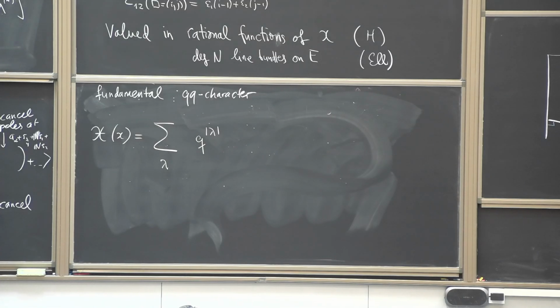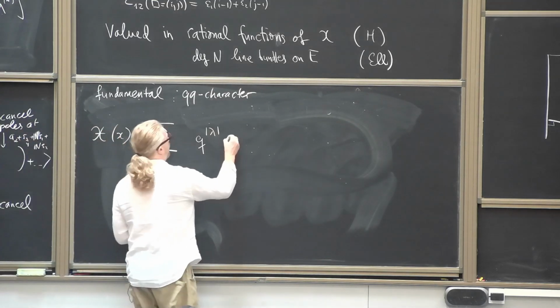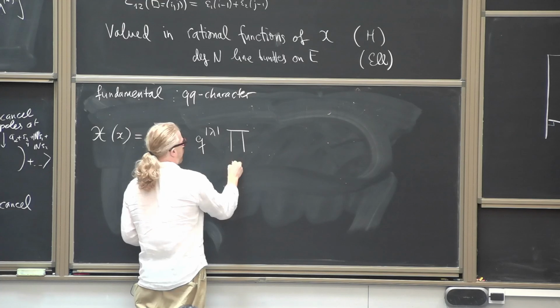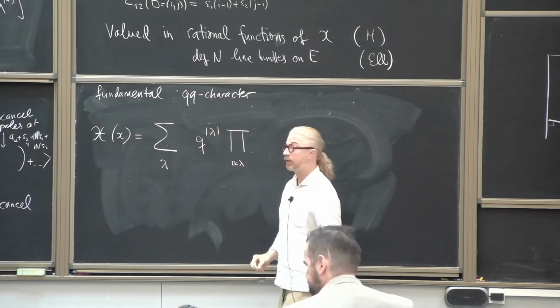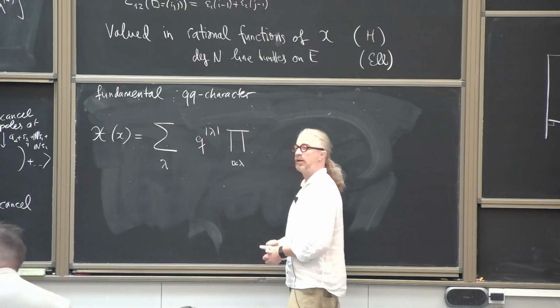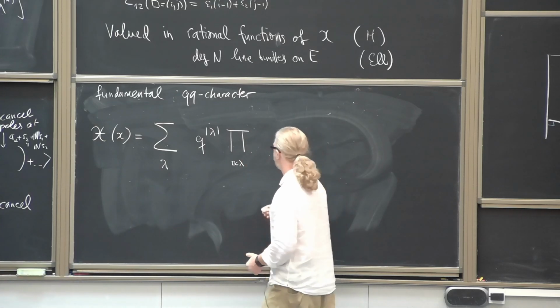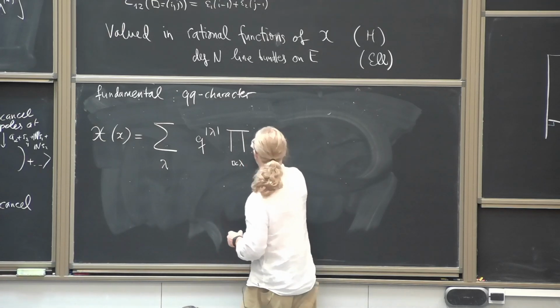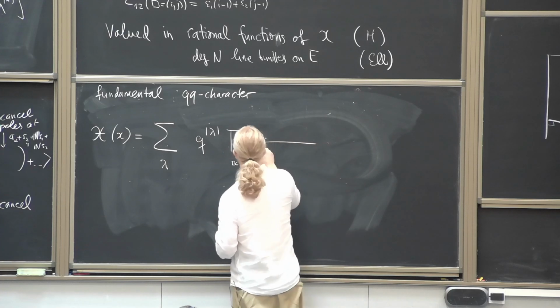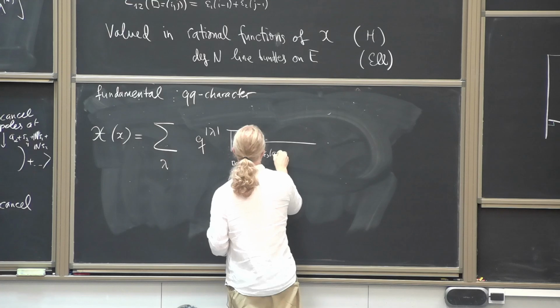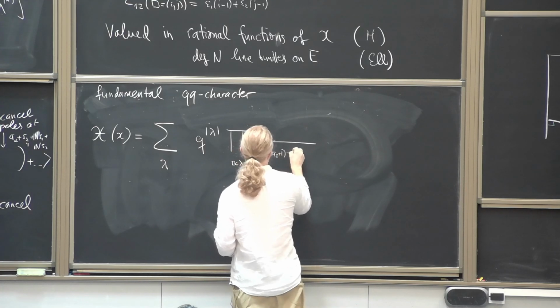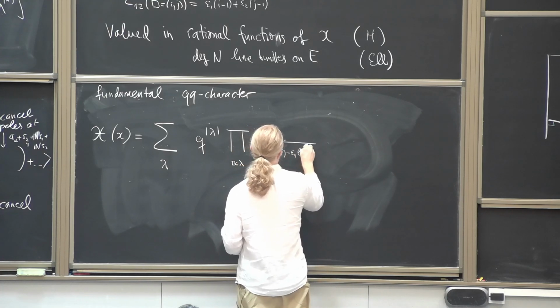So this corresponds to the empty diagram, and this corresponds to the single box Young diagram. Remove that monomial from your Young diagram, and then you do this modification here.